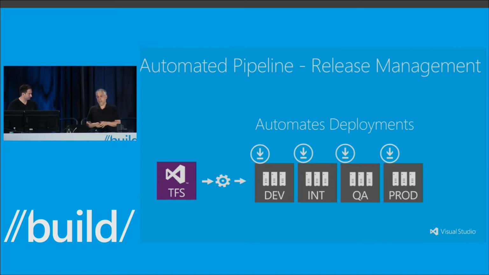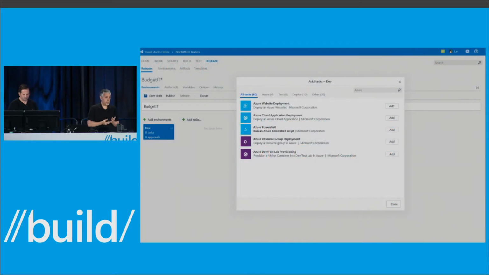And what we showed yesterday is that both build and RM now have an extendable task catalog from which you can pick different tasks that you can do as part of building and deploying, or as part of going to integration, staging, and user acceptance tests and whatnot.